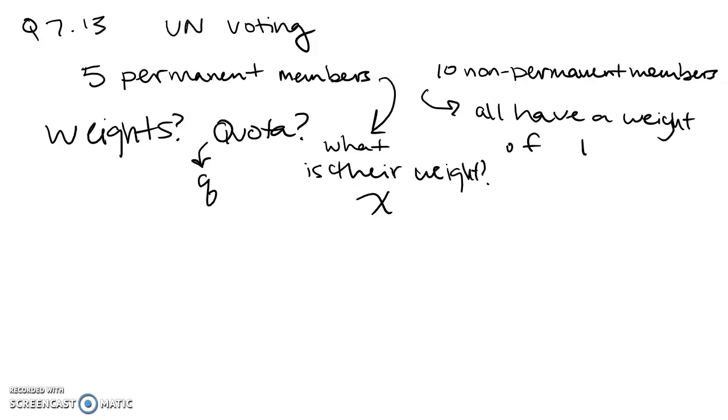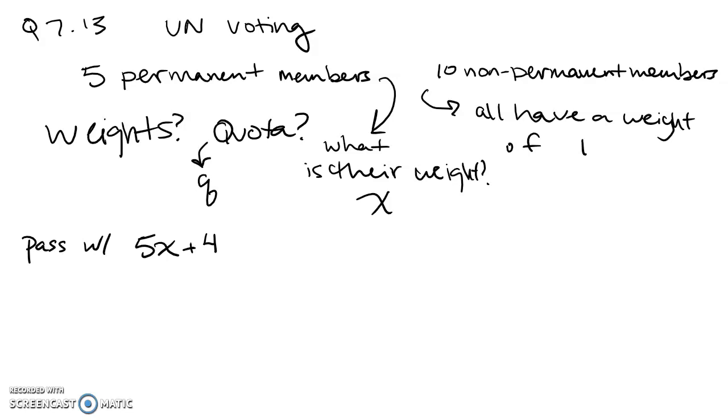It says passage of a motion requires votes in favor from all 5 permanent members and at least 4 non-permanent members. So what that means is we get a pass with 5 of the permanent members, so 5 times X, and then 4 of the non-permanent members. Remember, passing in a weighted voting system is just adding up the weights, so we would have 5 copies of X and then 4 copies of 1.